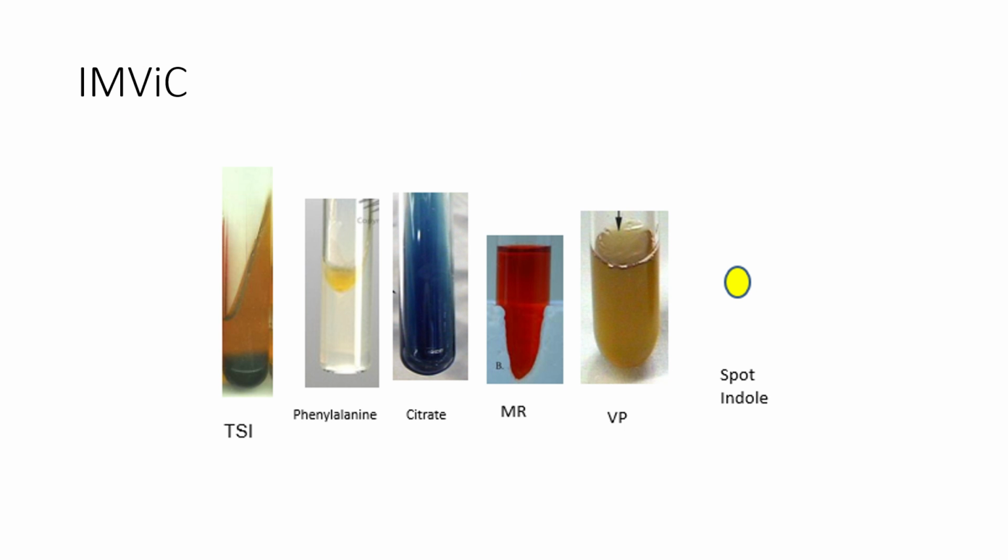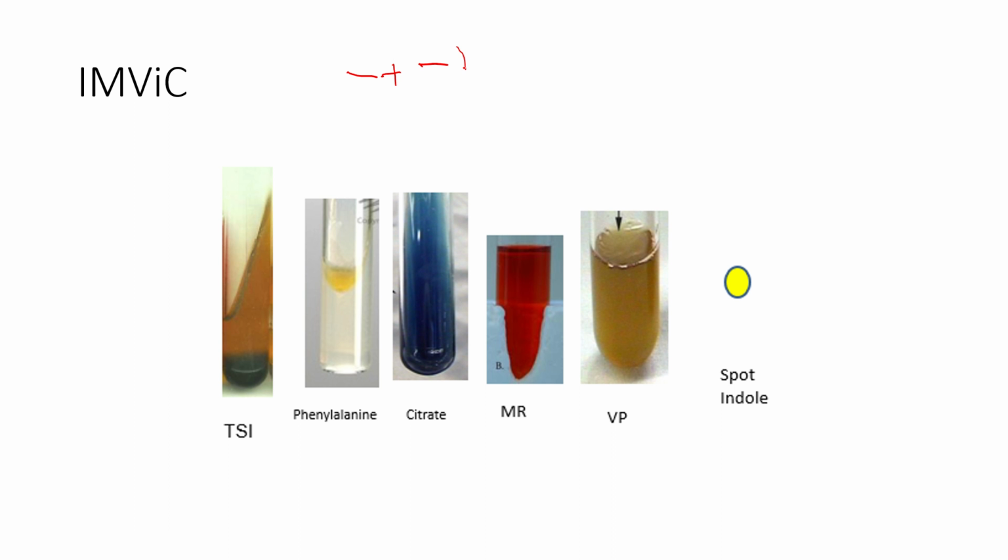Here's another example. I just explained all the tests, so I'm just going to read the results right now. If we want to get our IMViC score, we look at the indole, which is negative, and then the MR, which is positive, and then the VP, which is negative, and then our citrate, which is positive.